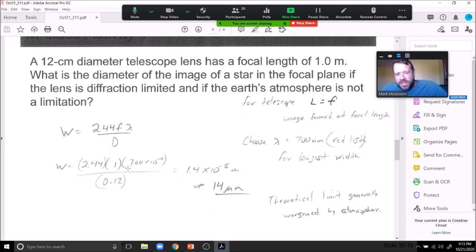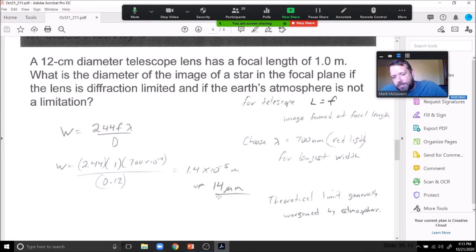We don't have a wavelength here. Why did I choose red? Because red would be the largest width. If you choose anything smaller, it'd be smaller than that. So we'll just go with red. Red will look the worst. The diameter is 14 microns. That's interesting. So that's how small it is.